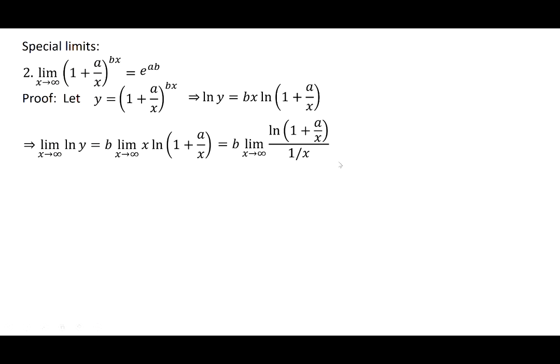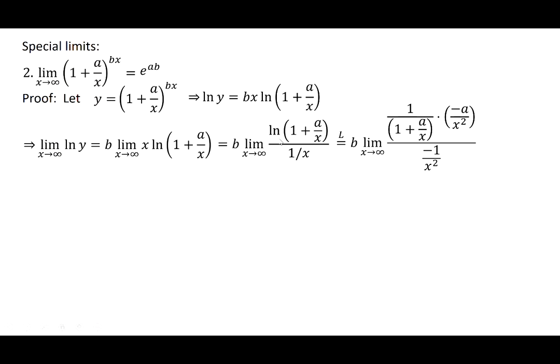Okay? All right. So it is equal to b times. By the way, I think even in the previous problem I did this. I put an L on top of the equal sign. That is to indicate that we are applying L'Hopital's rule as we go from this expression to this expression.